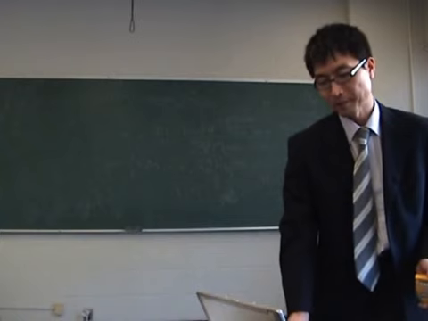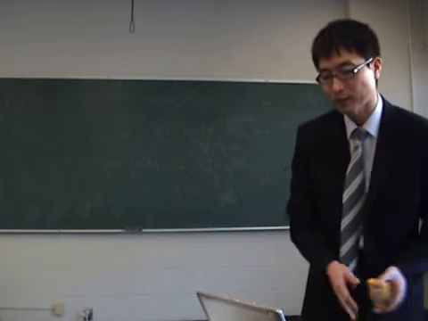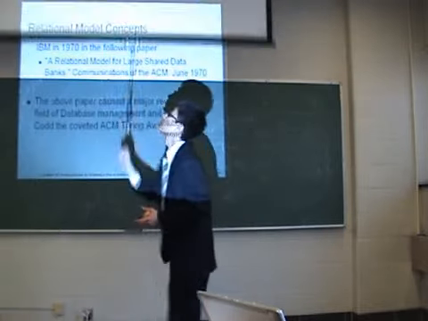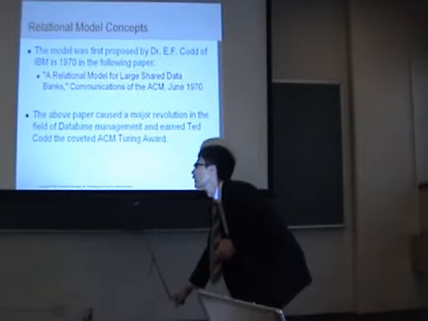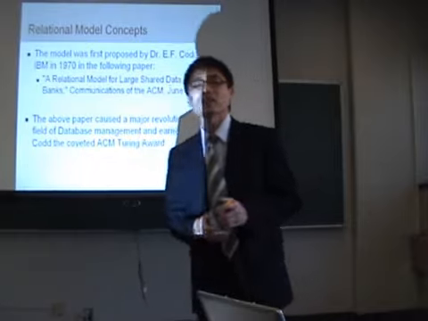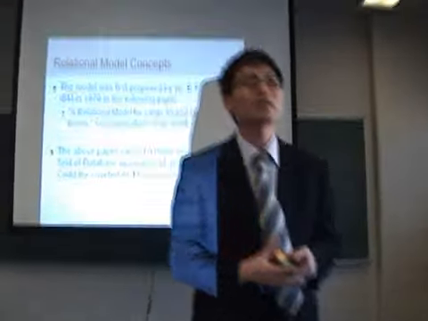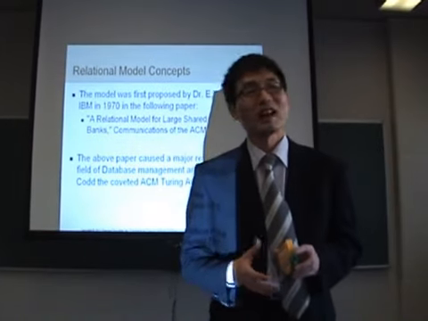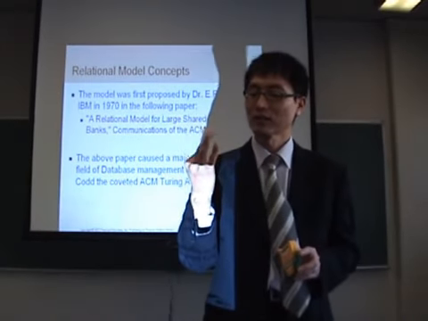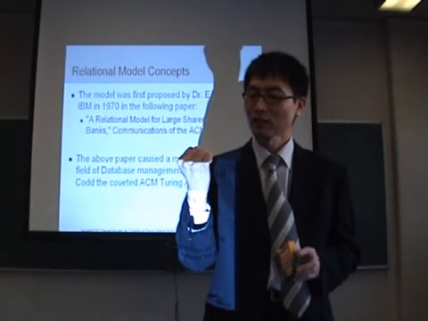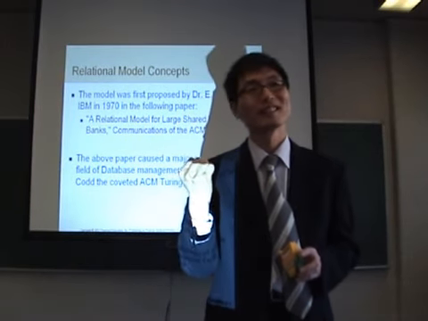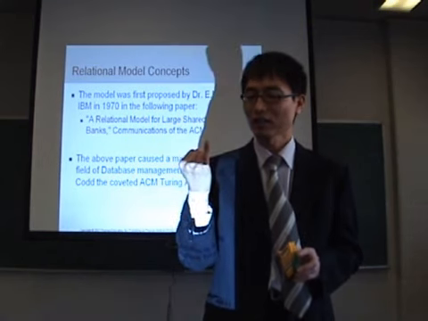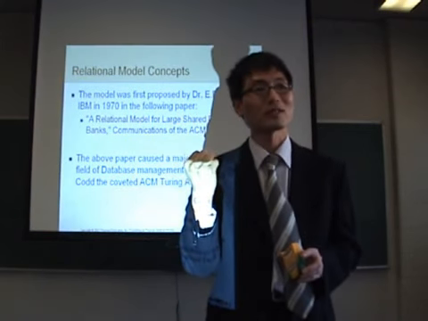I will explain. First, the relational model. The relational model was actually proposed right after I was born. So I lived 5 decades: 60s, 70s, 80s, 90s, to the 21st century.